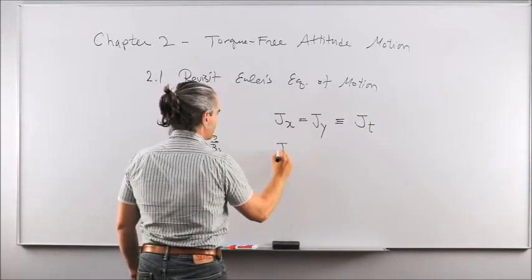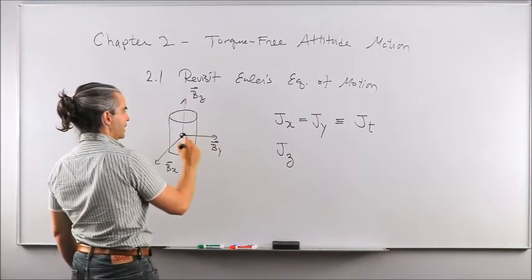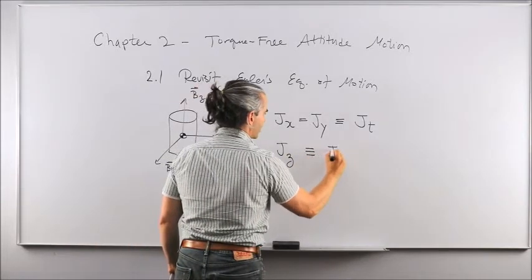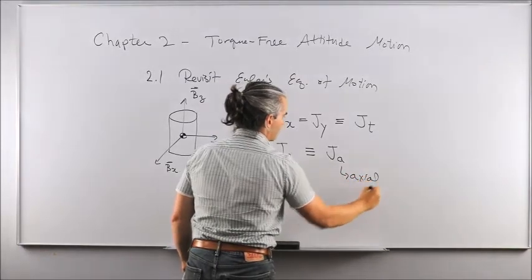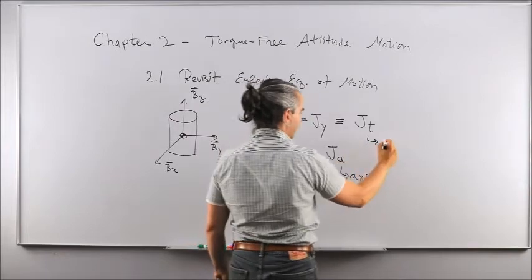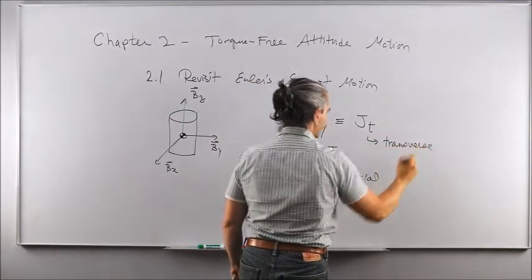And for the Z principal moment of inertia, the mass distribution about Bz, we're going to refer to it as the actual principal moment of inertia, denoted by Ja. And that was transverse. Okay?